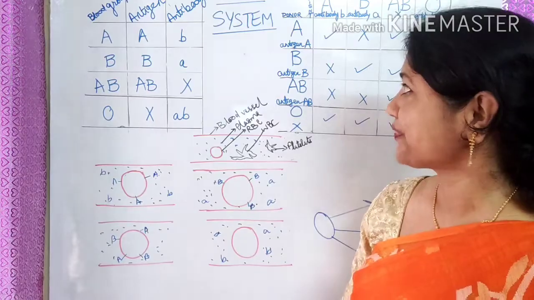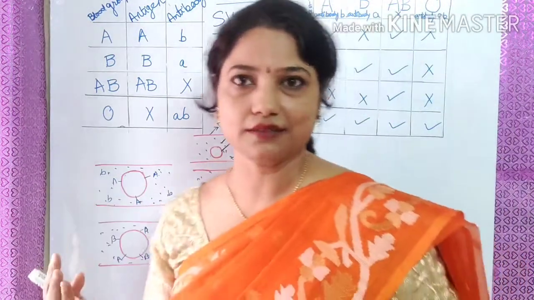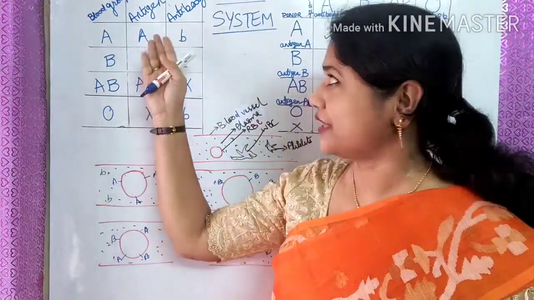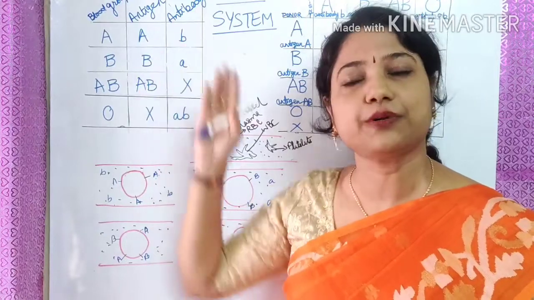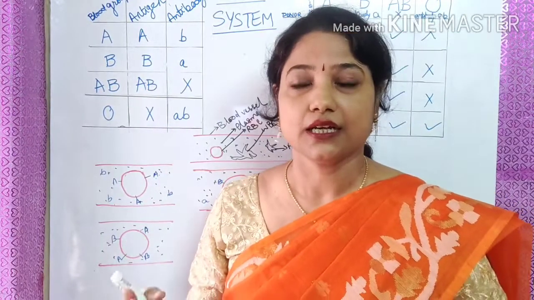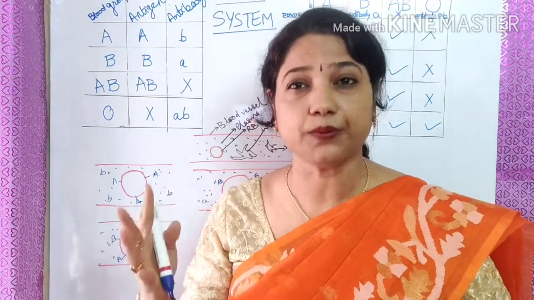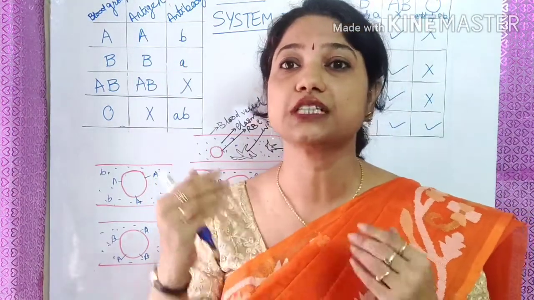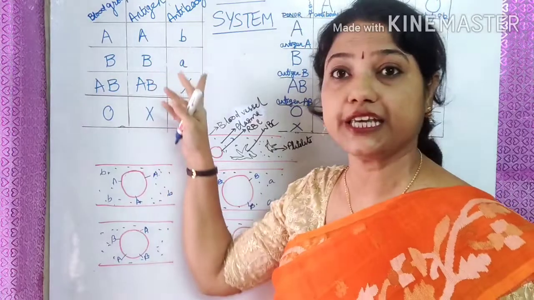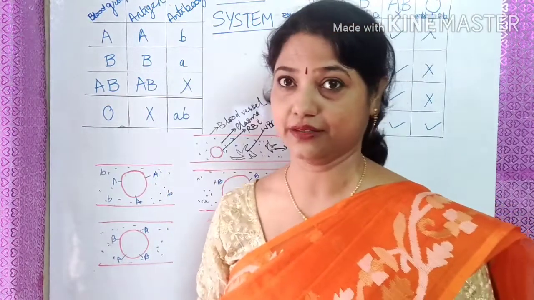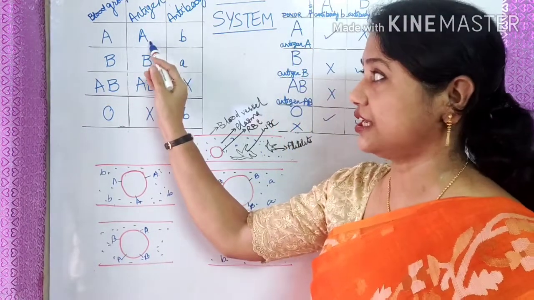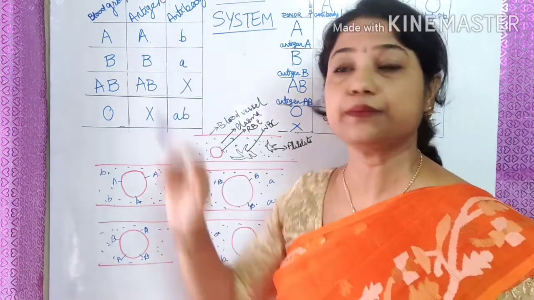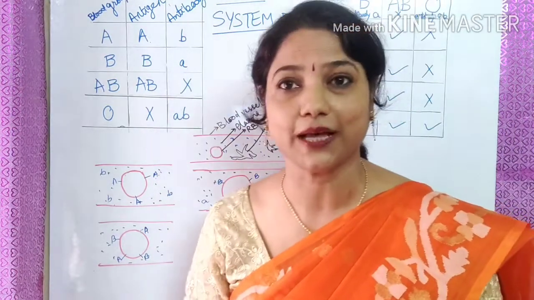Now, children, we have seen that when antigen A is there, antibody will be B. Suppose antigen A comes in contact with antibody A, then what will happen?